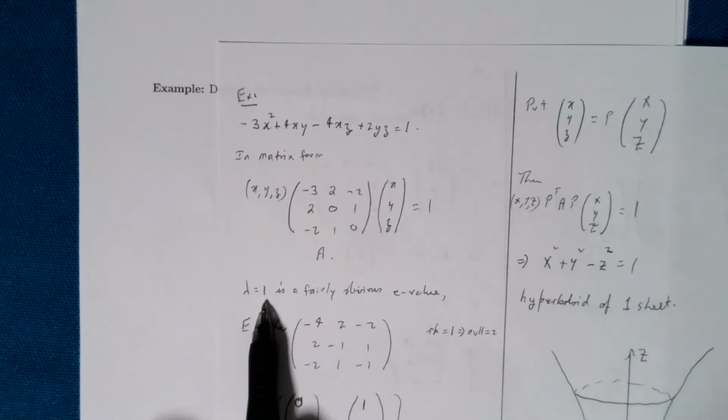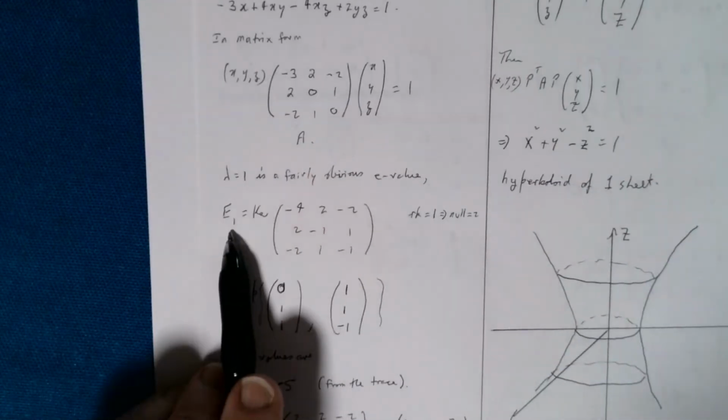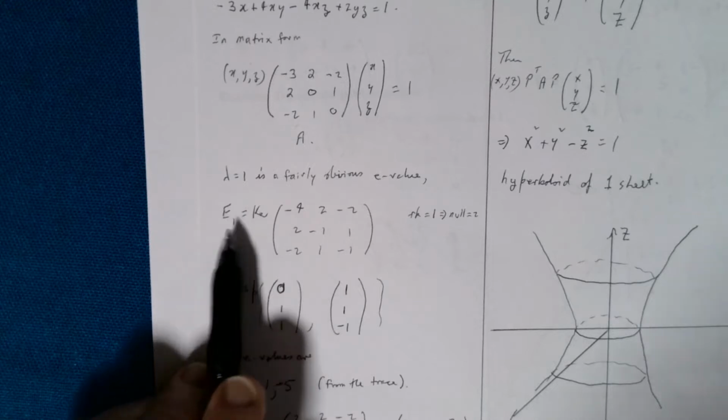So once you've guessed one of the eigenvalues, the next thing one does is to look at the eigenspace. So I'm going to look at the kernel then, the eigenspace for lambda equals 1. We just subtract 1 from the main diagonal, as we've seen before with eigenvectors and eigenvalues.